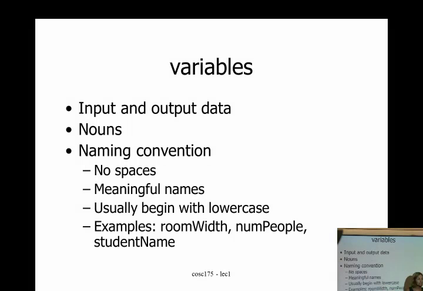A variable has no spaces. So that means that if I am talking about room length, I cannot say room space length, because what did I just say? No spaces. So what would be a better name for room length than room space length? And in C++, we tend to use capitalization, which we call Camel Case.